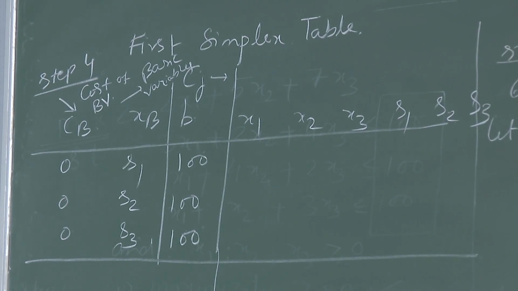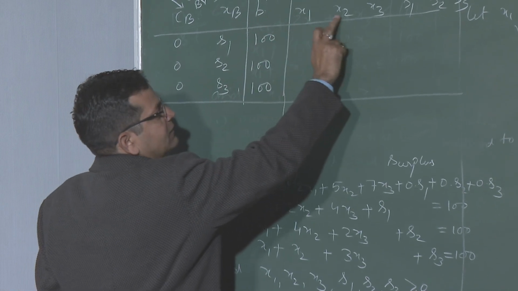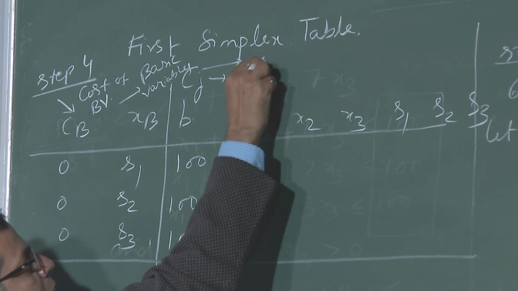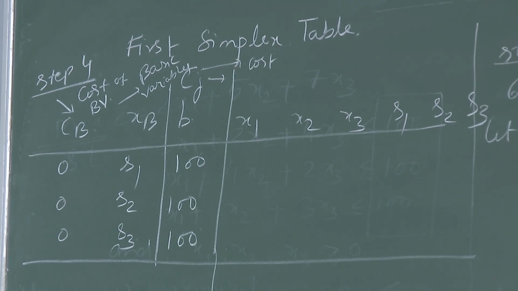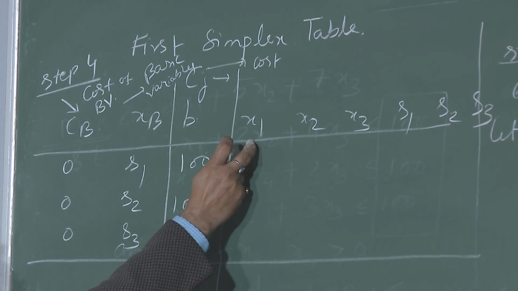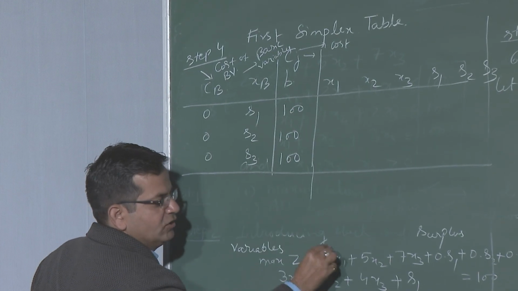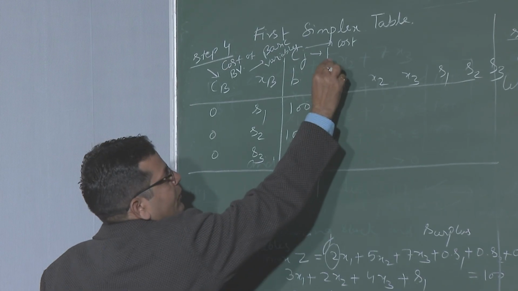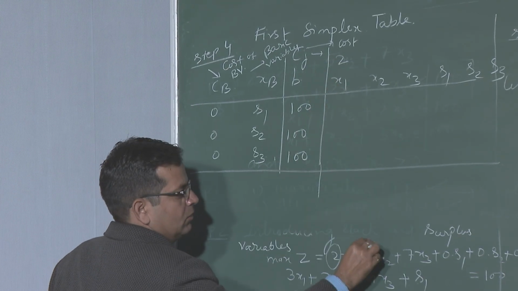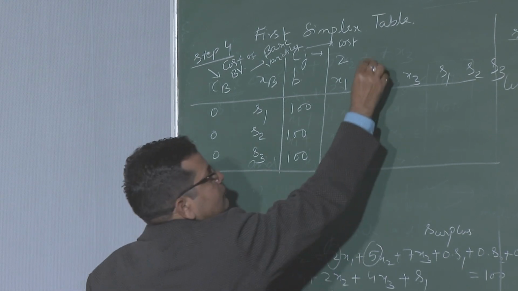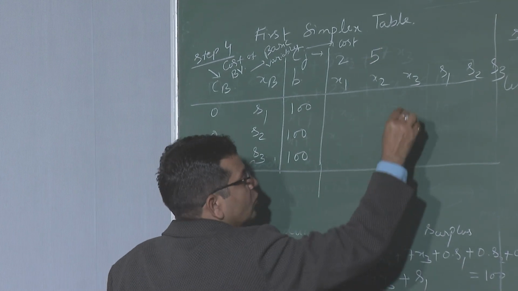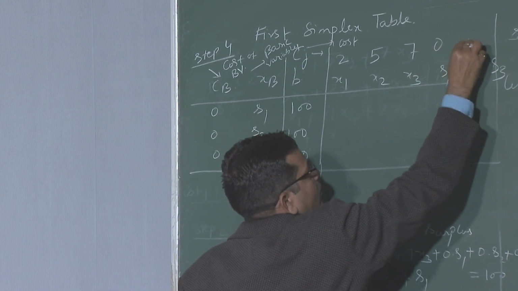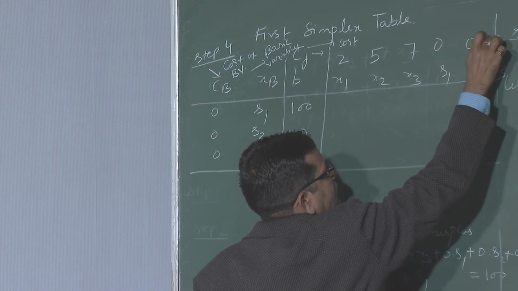Cj means the cost of the variables. The coefficient of x1 in the objective function is 2, so the cost is 2, the cost of x2 is 5, the cost of x3 is 7, and the costs of S1, S2 and S3 are 0.